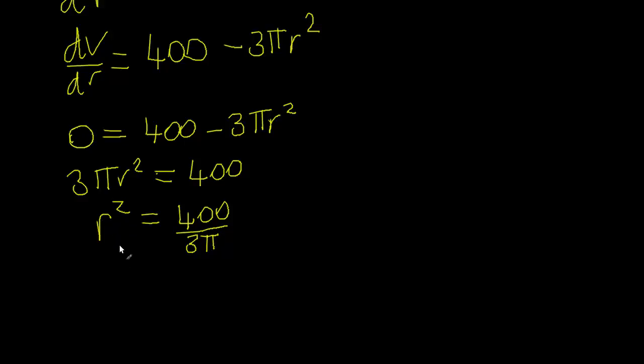And finally, to get rid of the r squared, we square root. So r is equal to the square root of 400 divided by 3 pi.